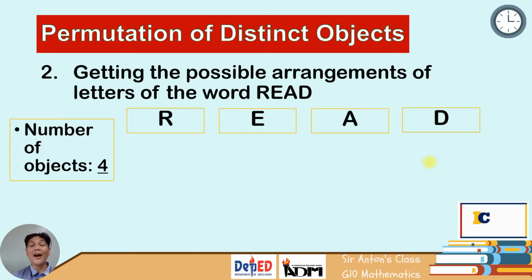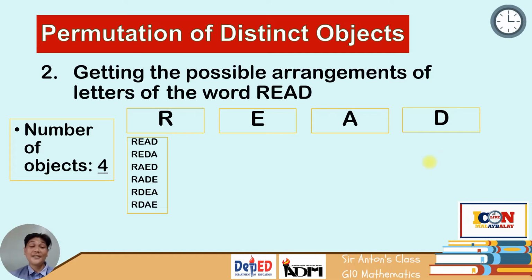Now, if we're going to pick R first, then we can have these arrangements. So read, reada, R-A-E-D, R-A-D-E, R-D-E-A, and then R-D-A. That is if we are going to use the letter R first.